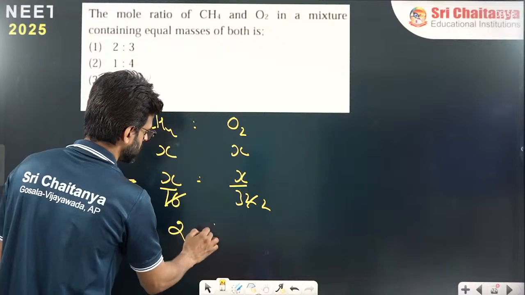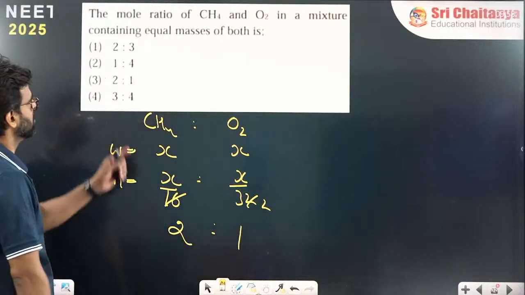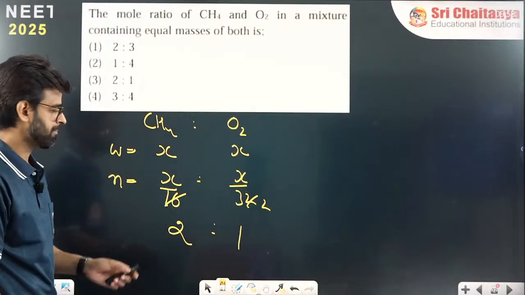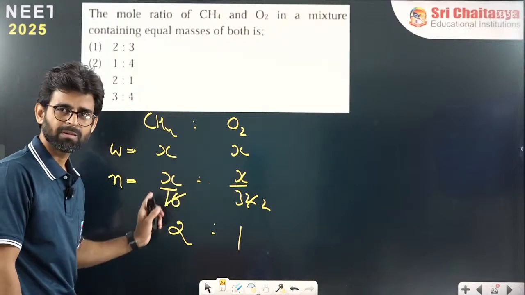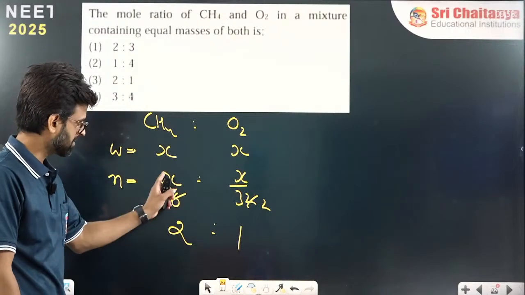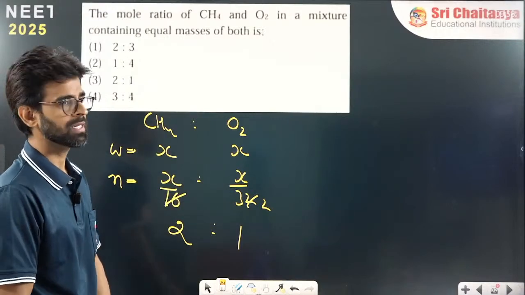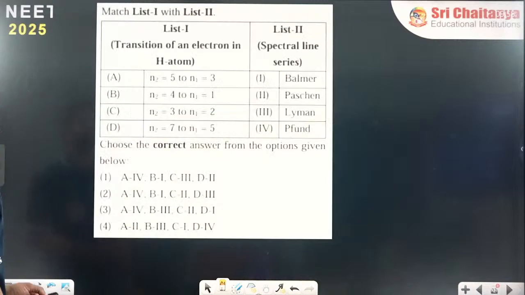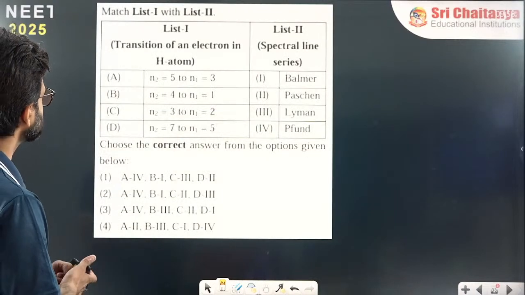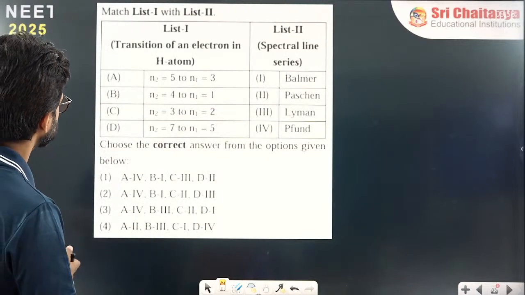So 2:1. So molar ratio is 2:1, right? Okay. Same weight is given, but the mole ratios are different. X by 16 moles of CH4, X by 32 moles of O2. Okay. Good.